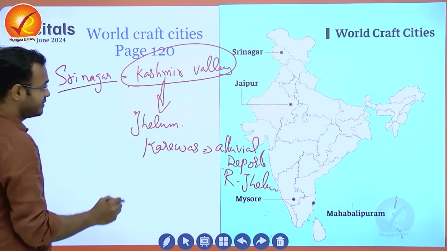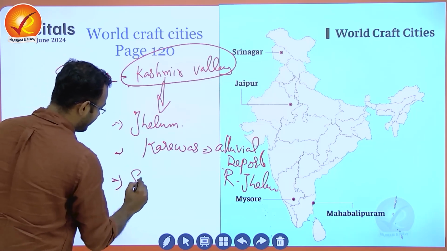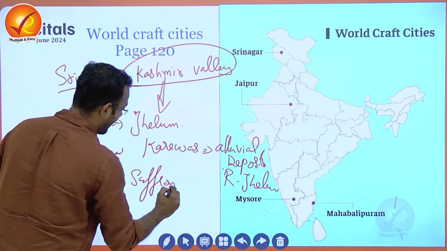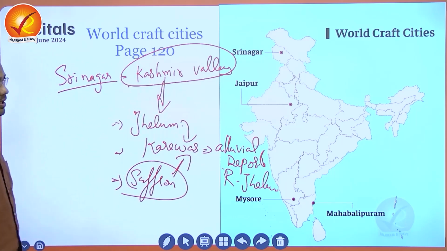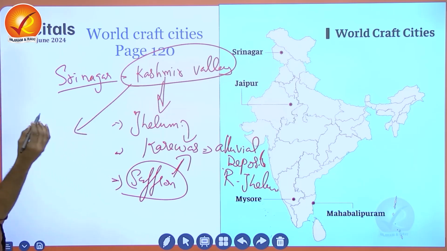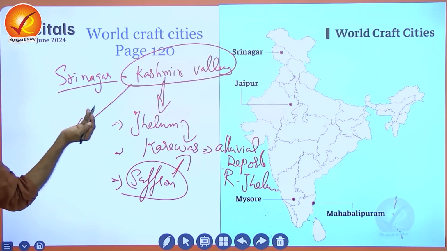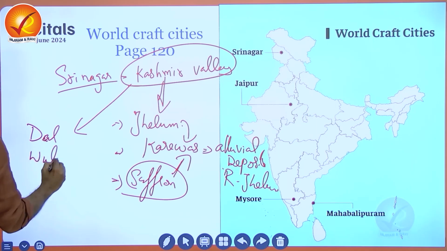It's present in the Kashmir Valley regions. We also have saffron cultivation in Karewa regions because of river Jhelum. Apart from that, Kashmir Valley is also filled with popular lakes and tourist destinations, something like Dal Lake, Wular Lake.